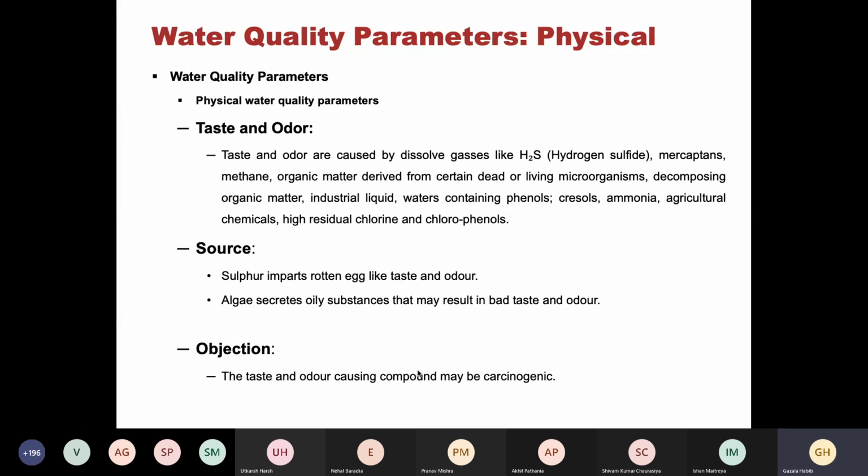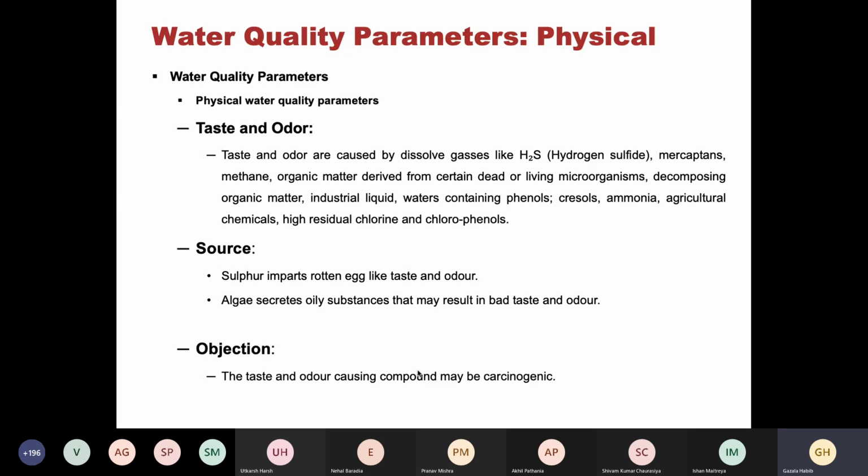Other sources are industrial sources. If industries are using various compounds, phenolic and sulfur-related compounds, then there is probably a problem of H2S in water. If untreated sewage is disposed in a water body, there is also a problem of H2S in water.